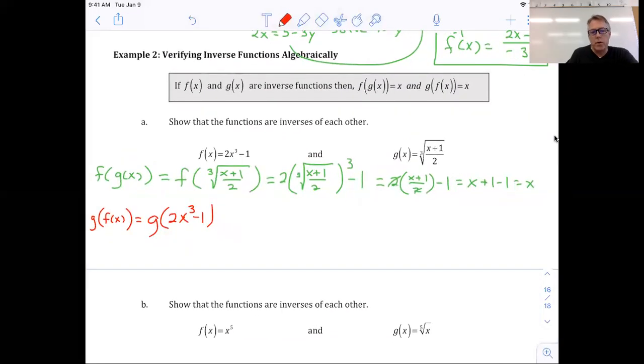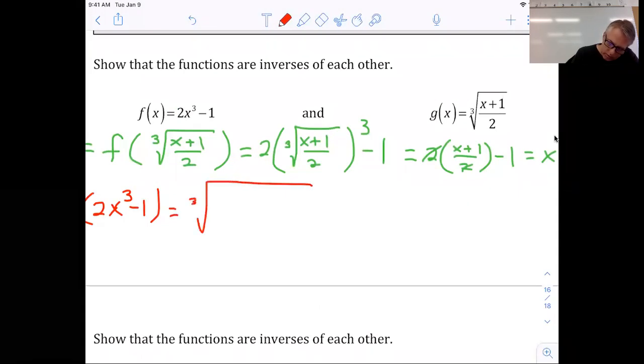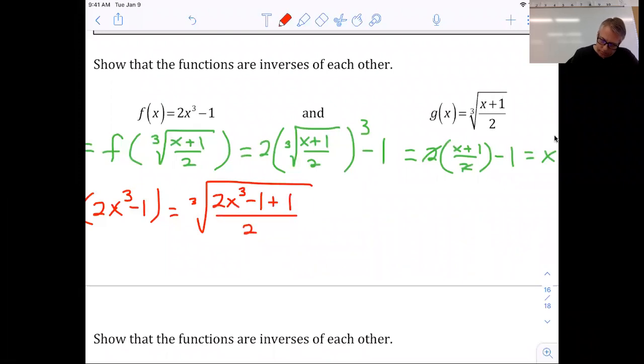Okay, so I'm plugging 2x cubed minus 1 into g. So that's going to be the cube root of 2x cubed minus 1 plus 1 all over 2.